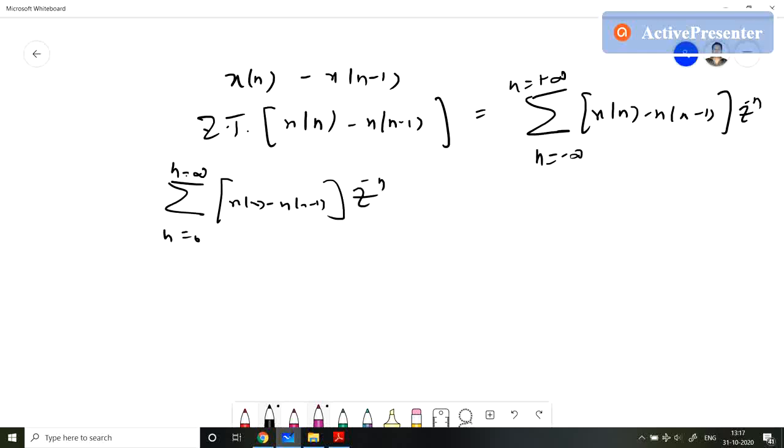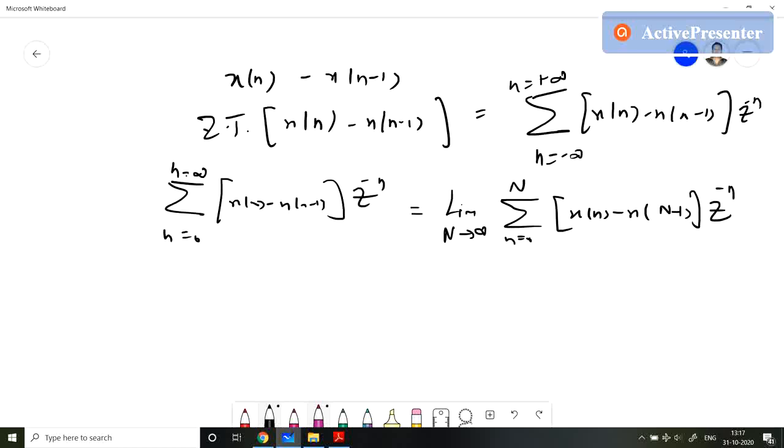And that is nothing but, we can write it as limit N tends to infinity summation n equal to 0 to N of (x(n) minus x(n minus 1)) z raised to the power minus n.